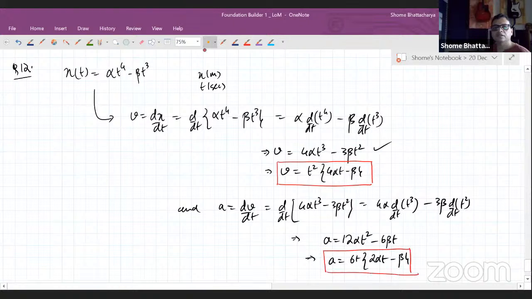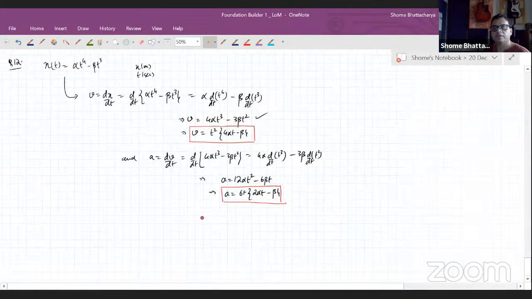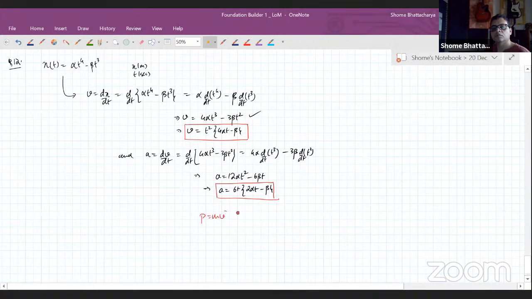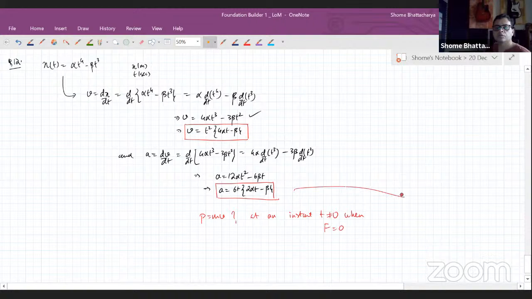So again, we have to find the velocity when acceleration is 0, or the momentum. We have to find the momentum at an instant t not equal to 0 when the force on it is 0. From this, F is equal to ma.